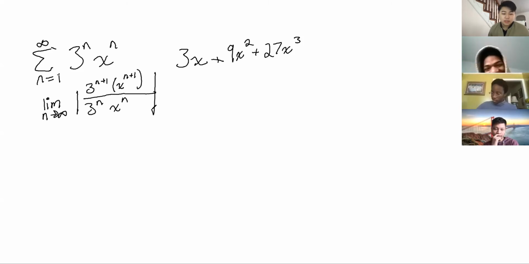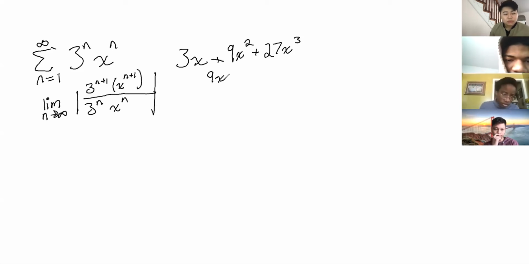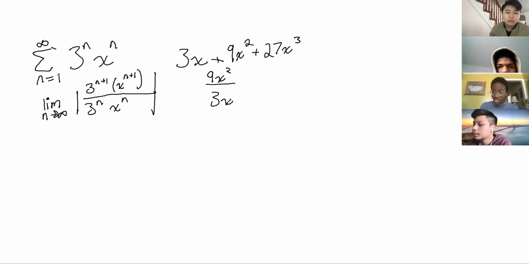Isn't that just 9x squared over 3x? Hold on, let me simplify. The limit as n approaches infinity would be 3x.